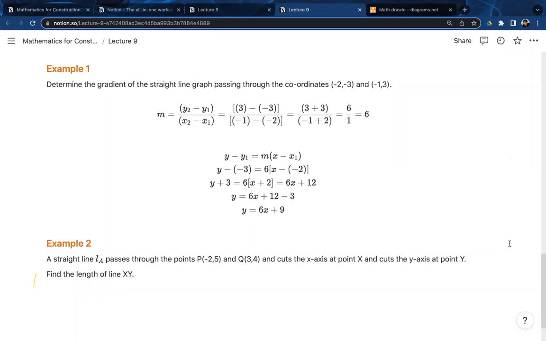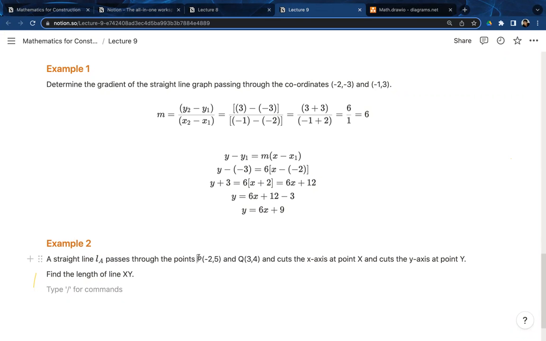Okay, so if I have this question here, a straight line LA, remember this is how we represent lines, right? If you don't know the equation of the line, they might call it L subscript A or L subscript 1 or something like that, right? We usually use common letters to represent a line. So this L is common.